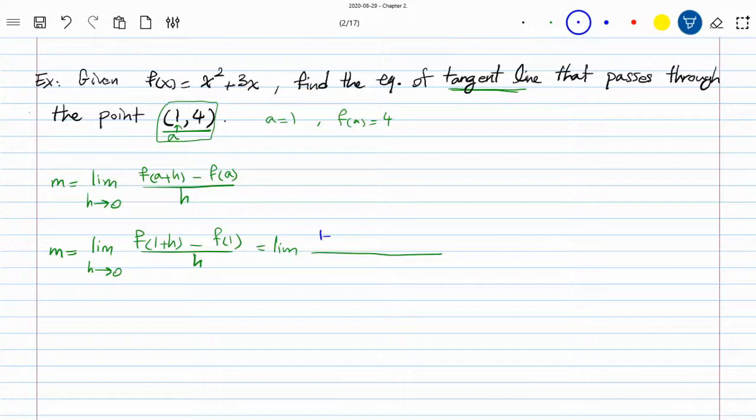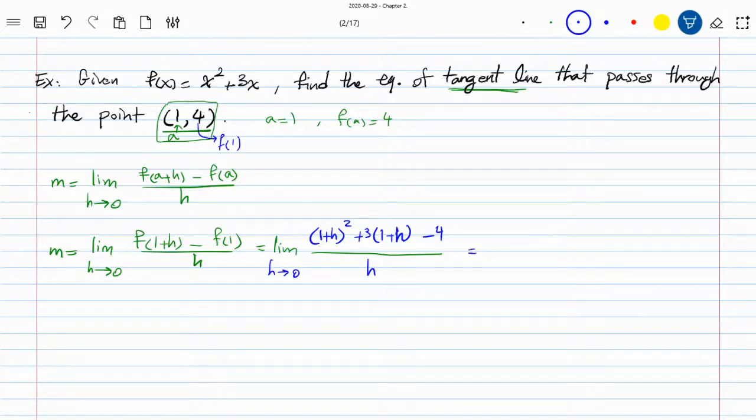You'll get 1 plus h squared plus 3 times 1 plus h, and then minus f of 1. What is f of 1? F of 1 is simply 4. We already have that. This is the corresponding y value. This is f of 1. So minus 4, divided by h, as h approaches 0.